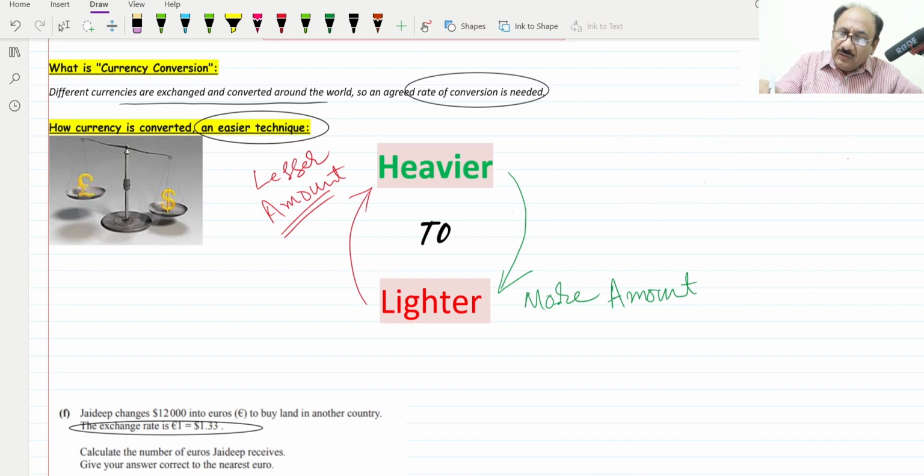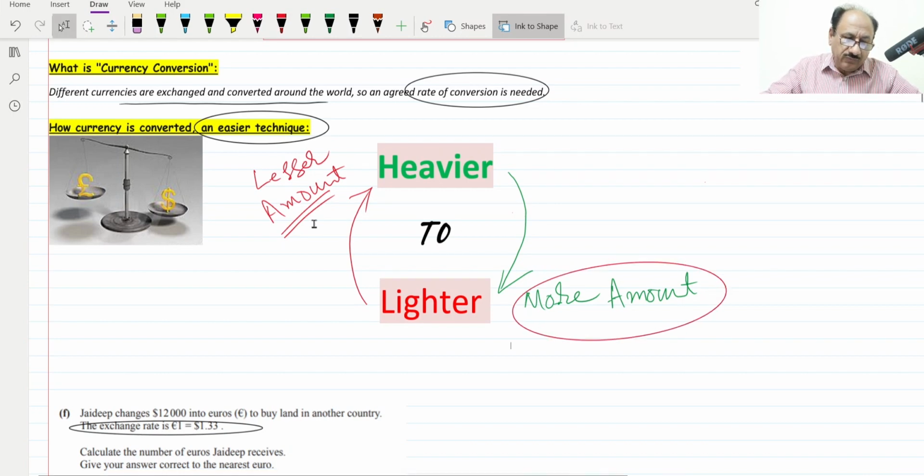If we have a lighter currency and we have to convert from the lighter currency to the heavier currency, keep in mind our answer should be less. And in case of conversion from heavier to lighter currency, our answer should be a more amount. So this will be the basic rule which you will have to keep in mind.